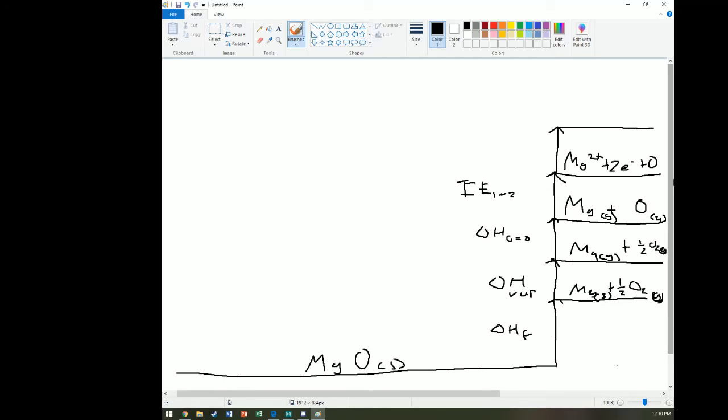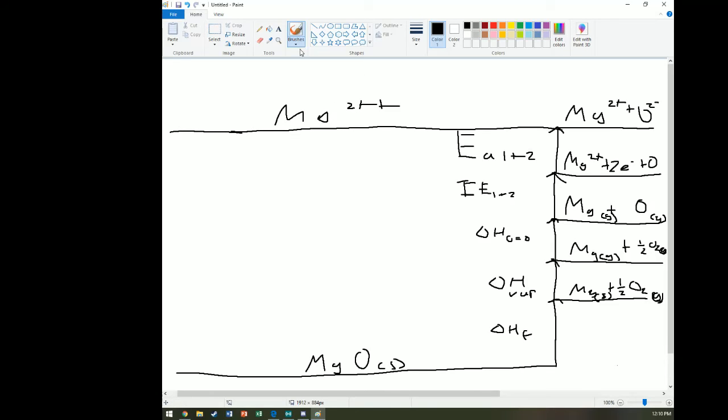And then similarly, like what I did with ionization energy, we're going to do the same thing here with electron affinity 1 plus 2 to get Mg2+ O2- here, which is Mg2+ O2- gas.